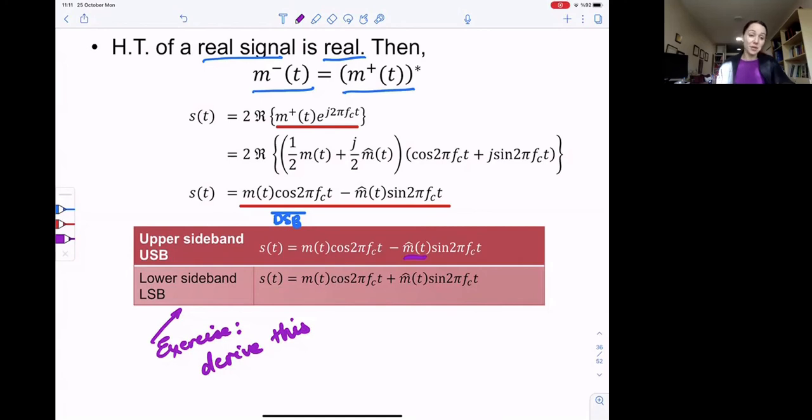In general, for SSB to work well, you want no DC actually, because otherwise it's hard to implement that very sharp filter. We'll come to that, but you're right. Any questions?